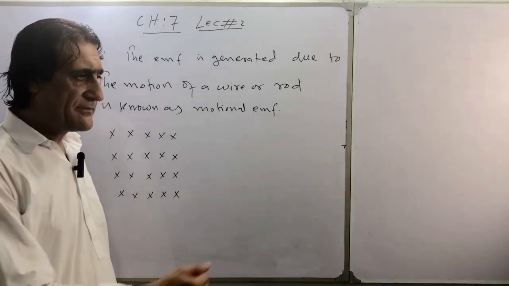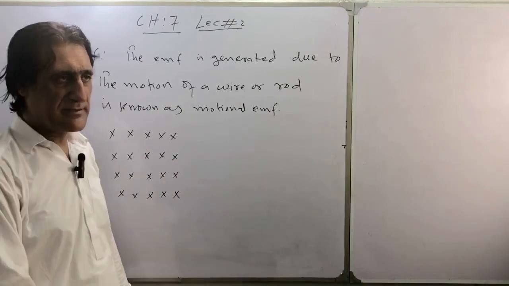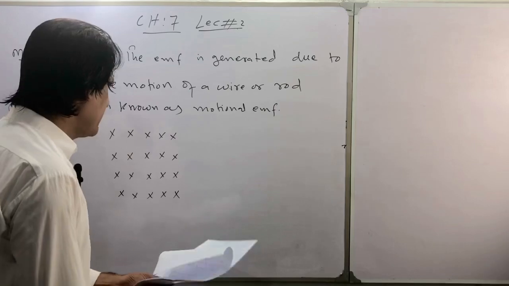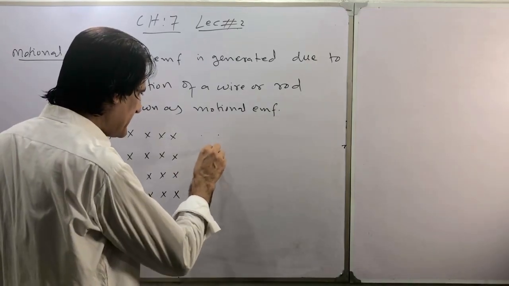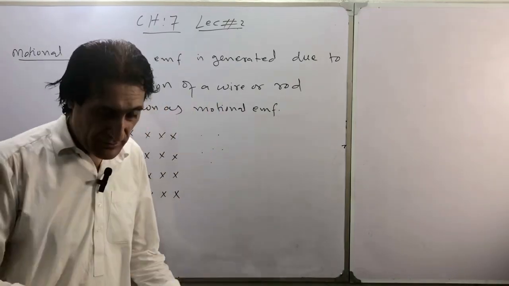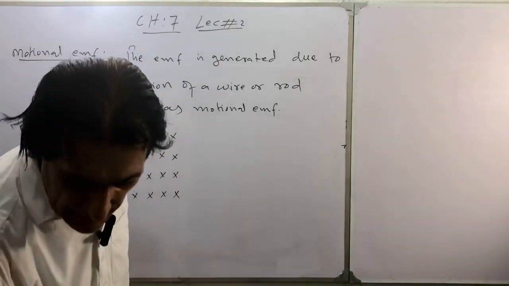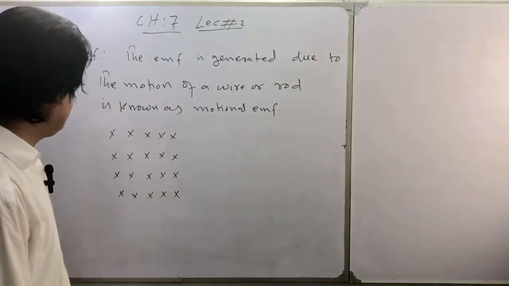Whenever the magnetic field is coming towards us, out of the board, it is usually represented by a dot. So remember this point. This is the representation.